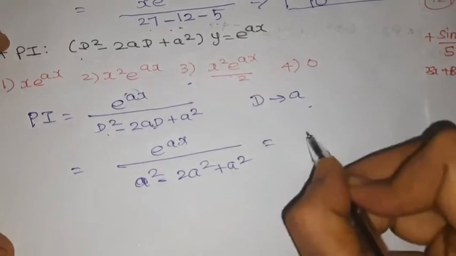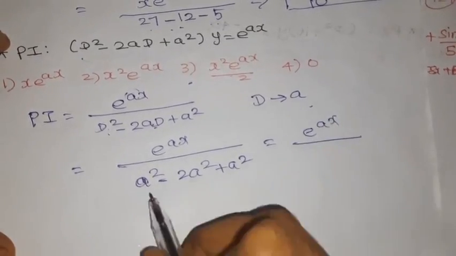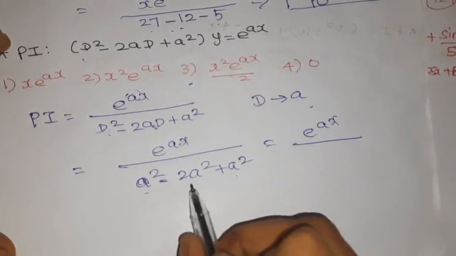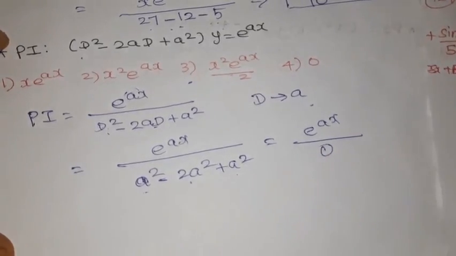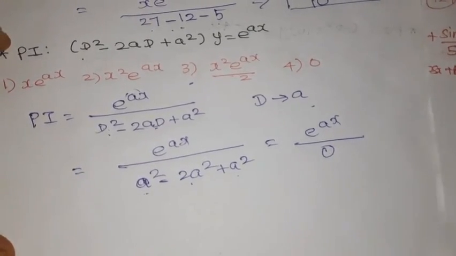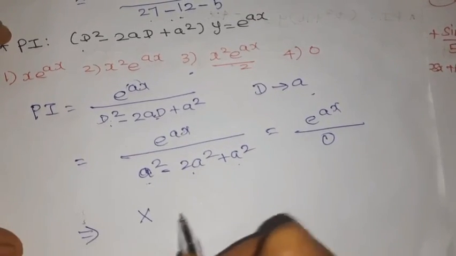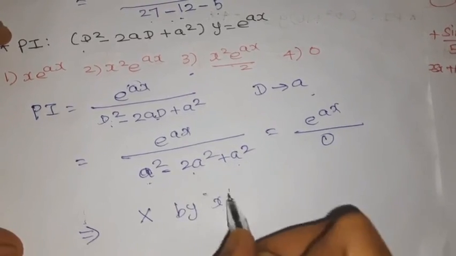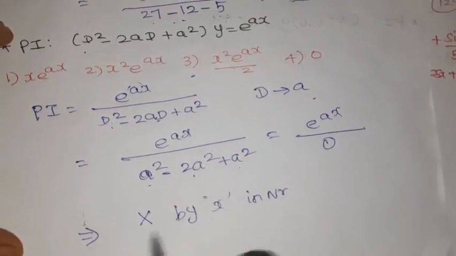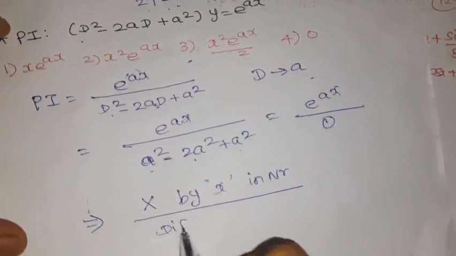What do we get? e power ax, a square plus a square, 2a square, minus 2a square, we will get 0 in the denominator. Whenever the denominator is 0, what do we need to do? We need to do a simplification or shortcut: multiply by x in the numerator term and differentiate the denominator term.